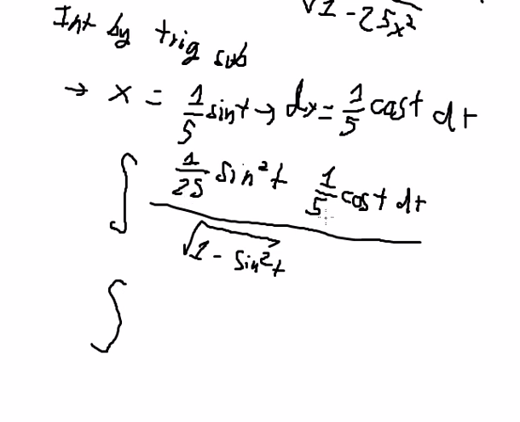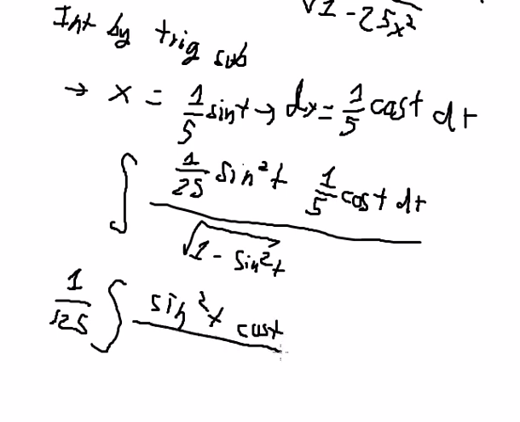So you have 25 multiplied with 5, you got 1 over 125 sine t squared cosine t. This one you got cosine t dt. So we simplify cosine t in here.